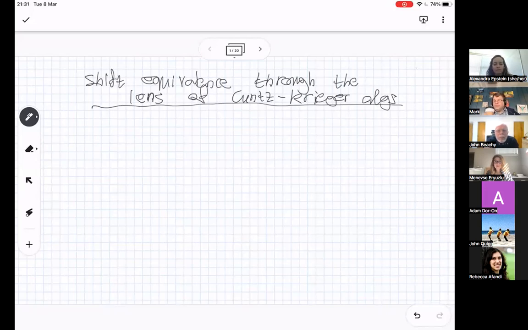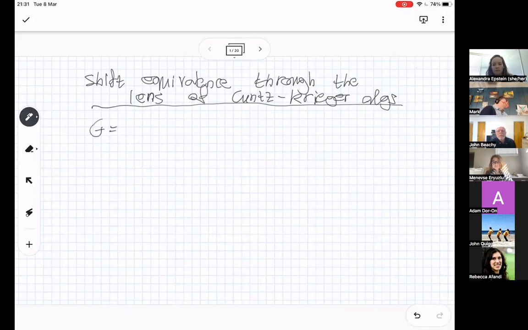So I think that many are sort of already familiar with them. I'll mention them, but today the focus is sort of on their sort of analytic or topological counterparts, which are Cuntz-Krieger algebras or graph C-star algebras.